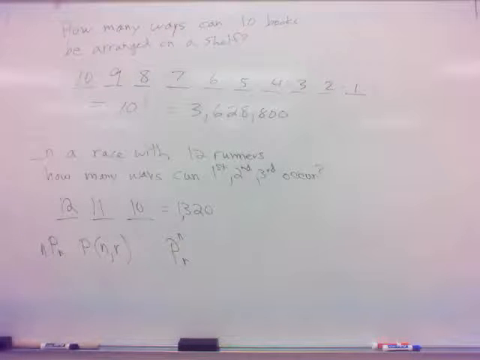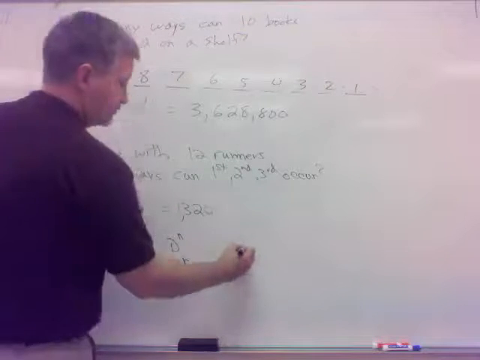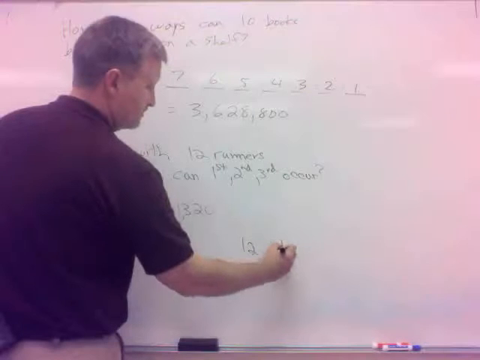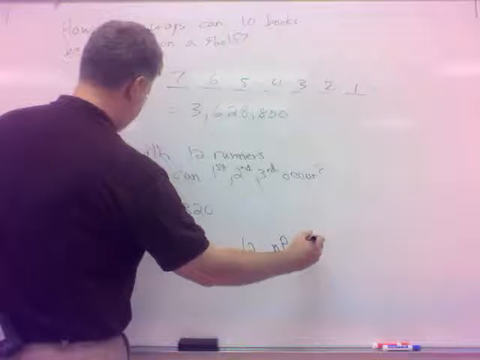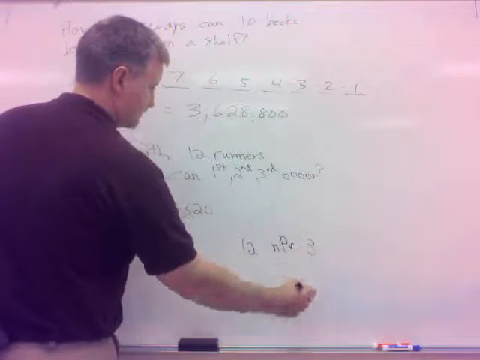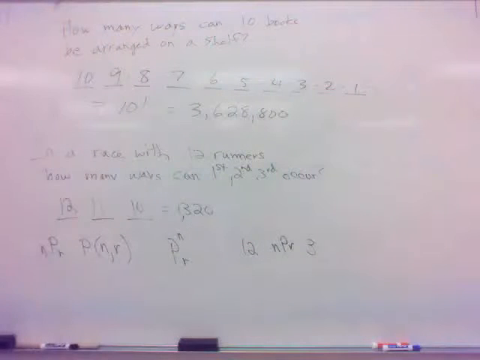Okay, so enter these numbers in. If you found that button, do this. Do 12, and then hit the nPr button, and then 3. See what you get. We'll talk about nCr in just a second, but nPr.